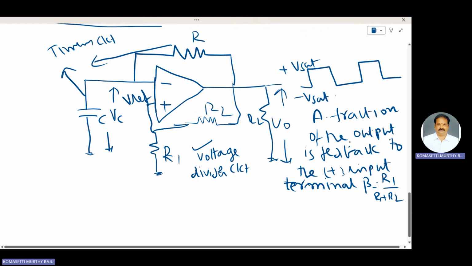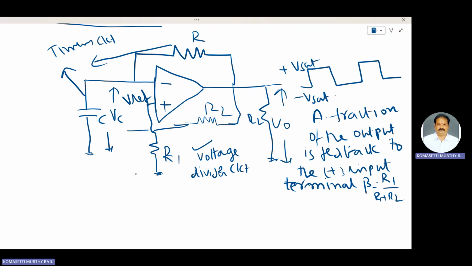A fraction of the output, not the input, is fed back to the non-inverting terminal, that means the plus input terminal. Beta is equal to R1 by R1 plus R2.